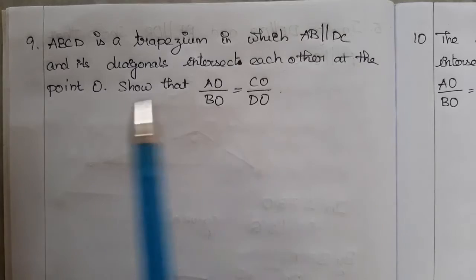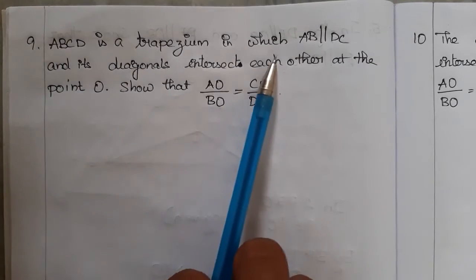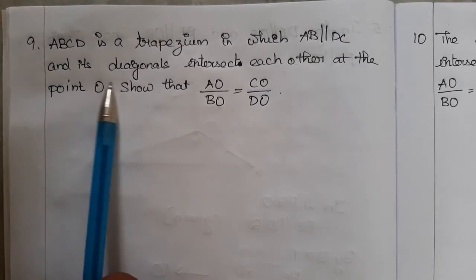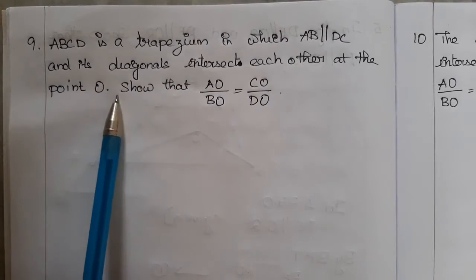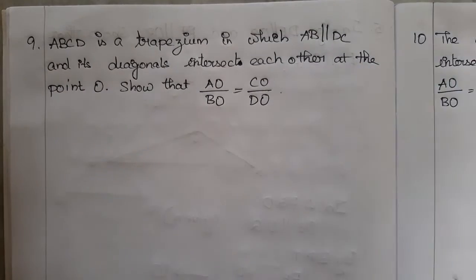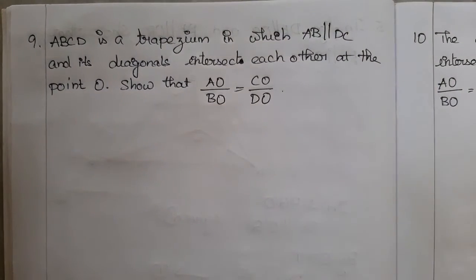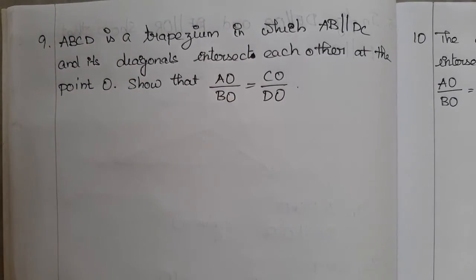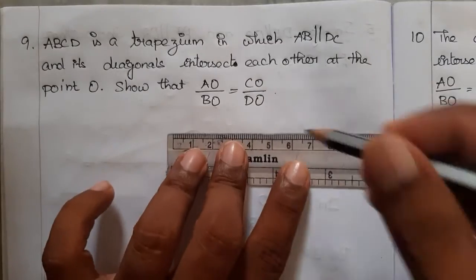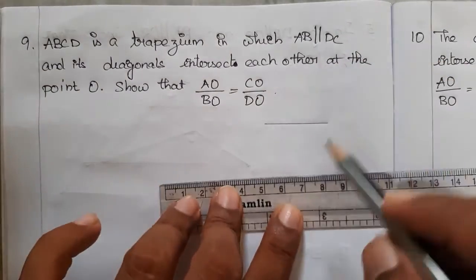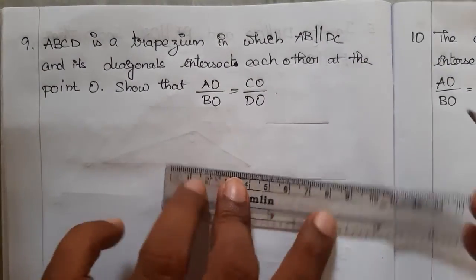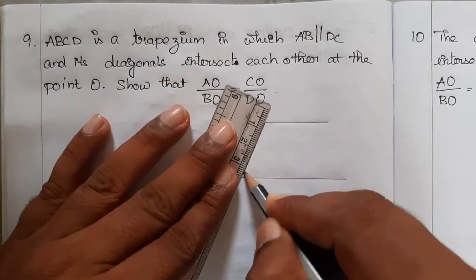So here we go for the next problem. ABCD is a trapezium in which AB is parallel to DC and its diagonals intersect each other at point O. Show that AO by BO is equal to CO by DO. So it is given ABCD is a trapezium. So let me draw a trapezium here, and the given AB is parallel to DC.